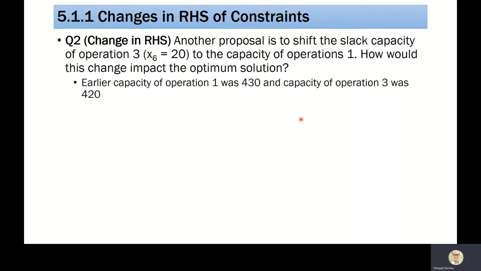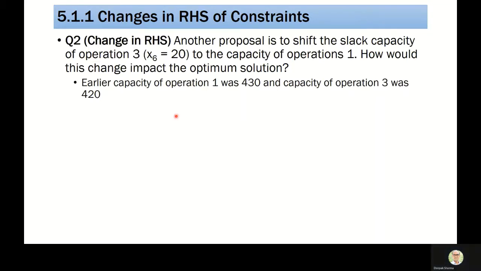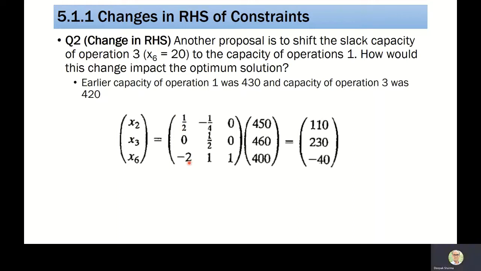Let us see. Earlier the capacity of operation 1 was 430 and the capacity of operation 3 was 420. Now we will be reducing 20 from operation 3 and adding 20 to operation 1. We have the inverse which we already found from the optimal simplex table, and this is the new right hand side.